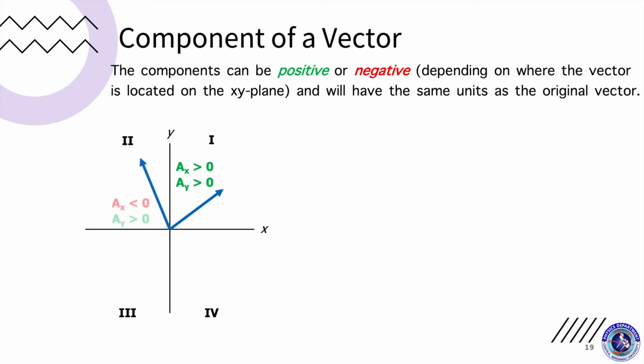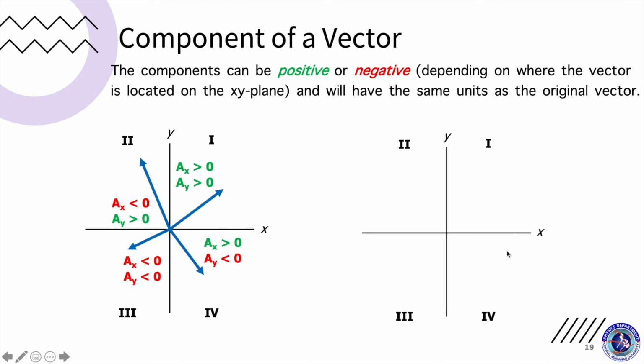On the second quadrant, you'll have negative ax and positive ay. If it's lying along the third quadrant, both of the components are negative. And if it's on the fourth quadrant, you'll have positive ax and negative ay.